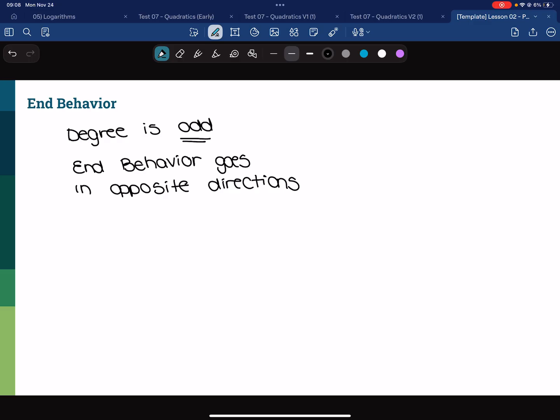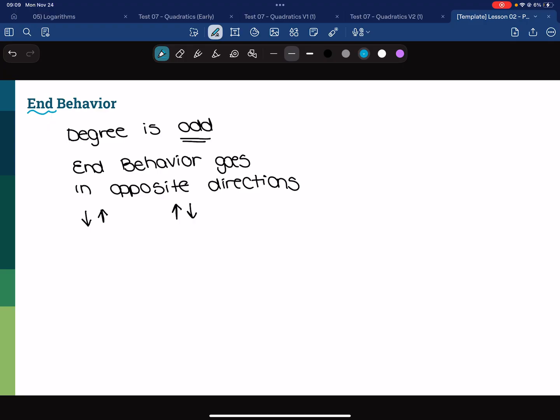So as I look at that, we have one of two scenarios that's going to happen. We can either go down then up, like we saw in the do now, but maybe there's a case where we're going to go up then down. And again, we're talking about the end behavior, the ends.